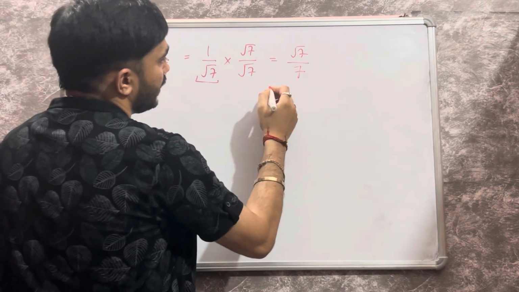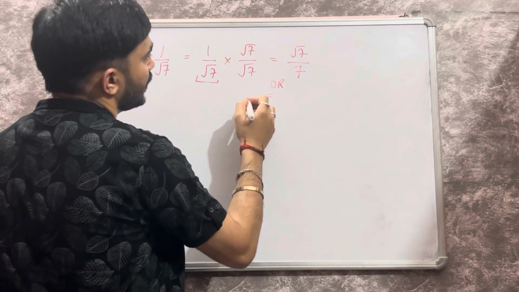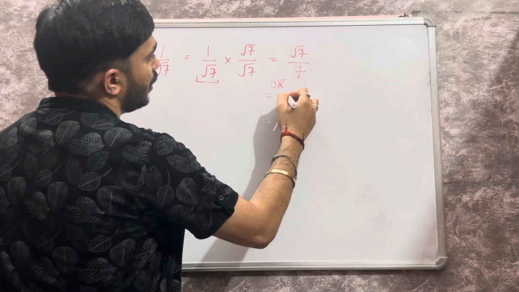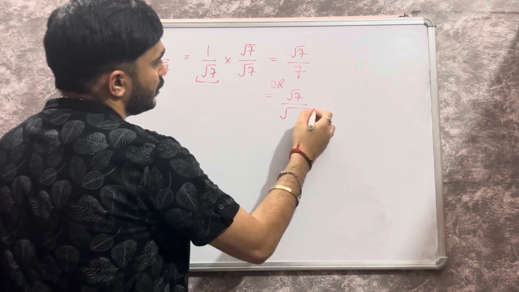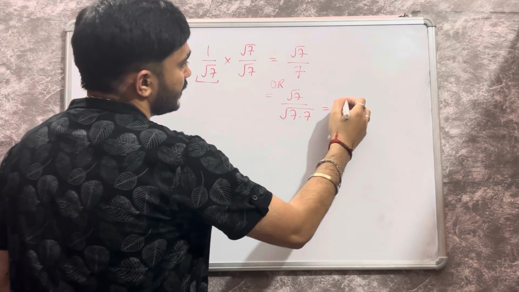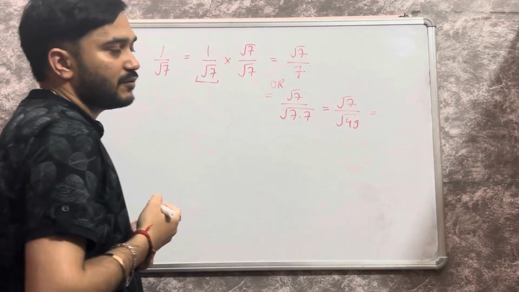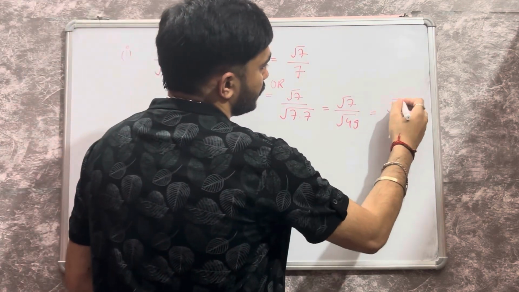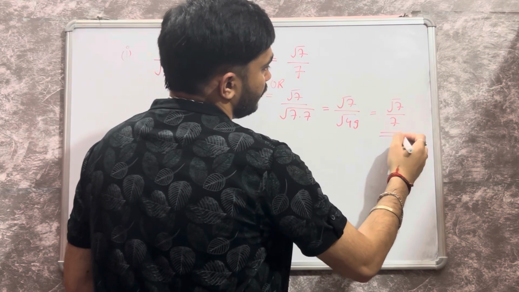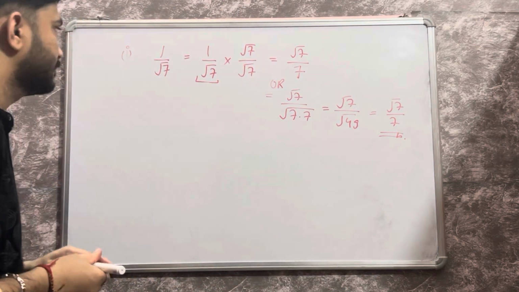Or you can even write it as under root 7 divided by under root 7 into 7, that is under root 7 divided by under root 49. 49 is a perfect square of 7, so you will get the answer under root 7 upon 7. Any doubt?